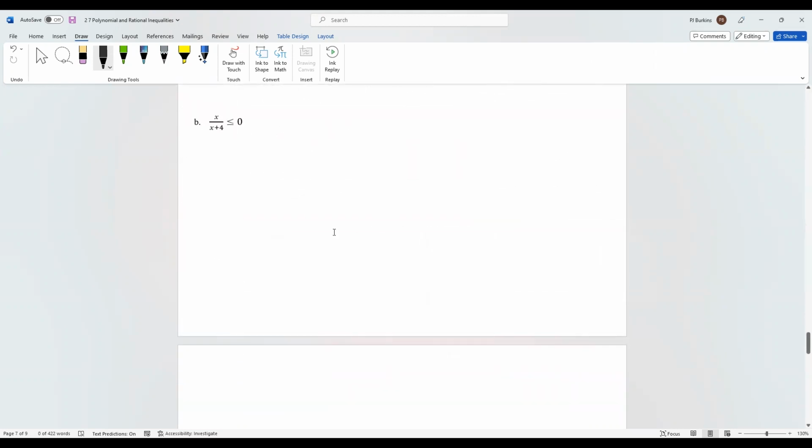Again, this one's already solved with the 0 on one side. So step 1 of the process is taken care of. We now need to take the rational expression and set it equal to 0. And also set the denominator equal to 0. So we're solving each one separately. So we're looking for when is x equal to 0 and when is x plus 4 equal to 0.